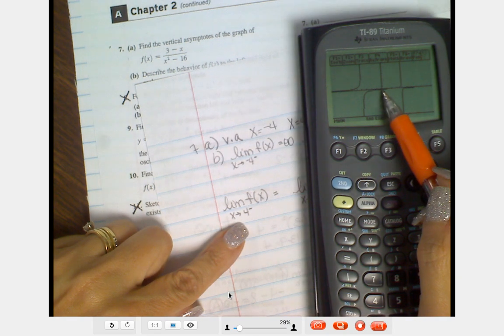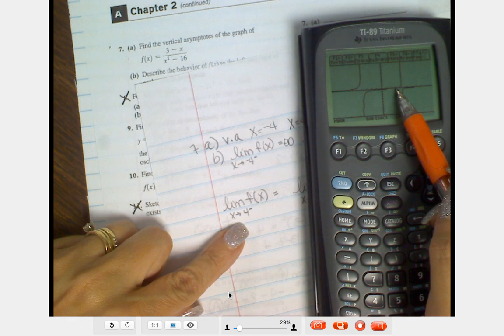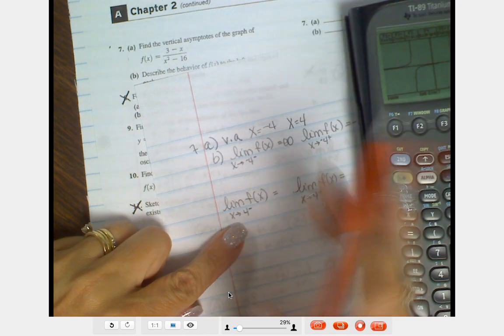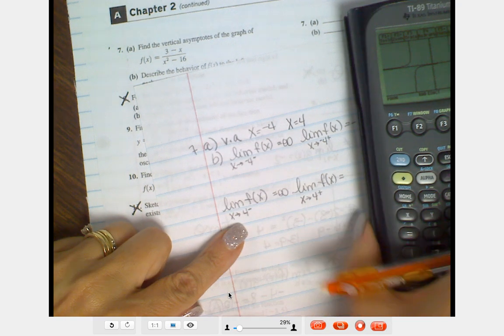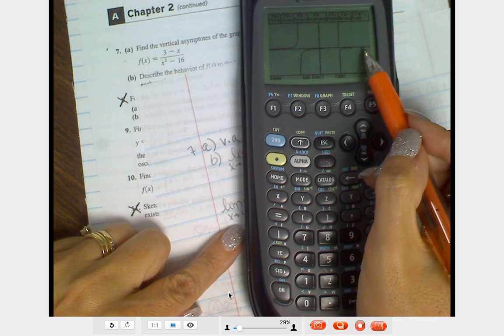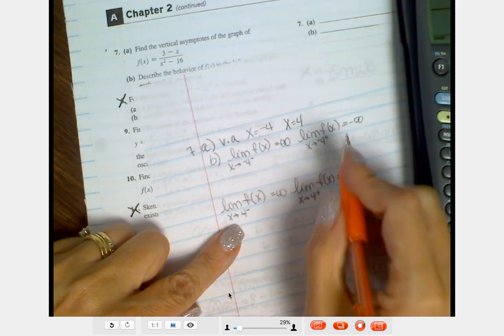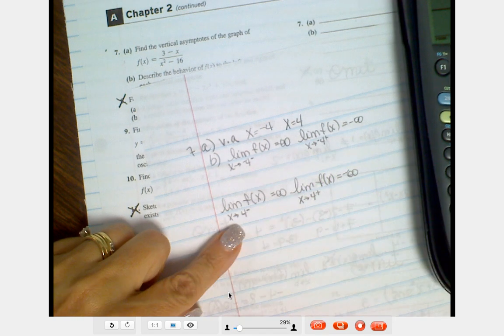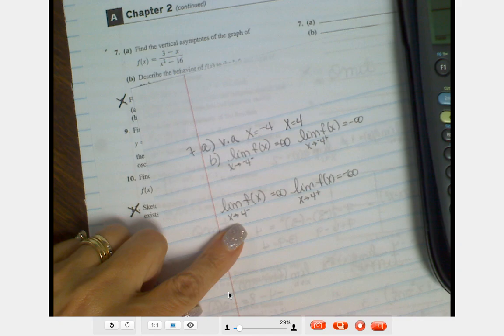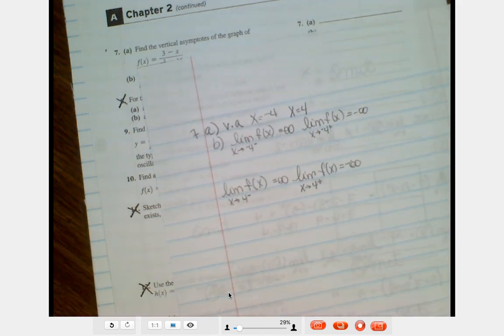As x is approaching 4 from the left, y is going to positive infinity. And as x is approaching 4 from the right, y is going to negative infinity. So that's how you answer 7b.